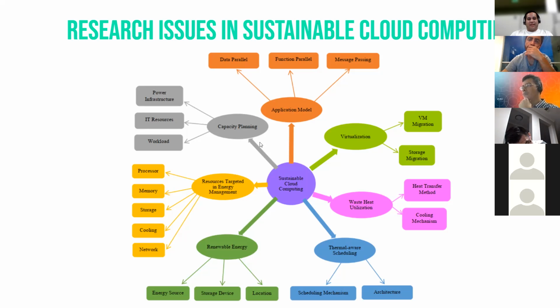For capacity planning, cloud service providers must involve an effective and organized capacity planning to attain a solid return on investment. The capacity planning can be done for power infrastructure, the IT resources and workloads.